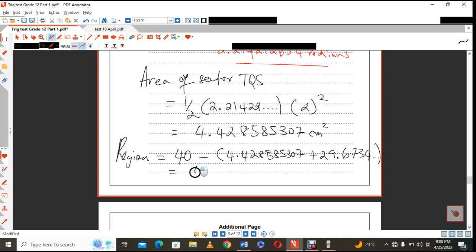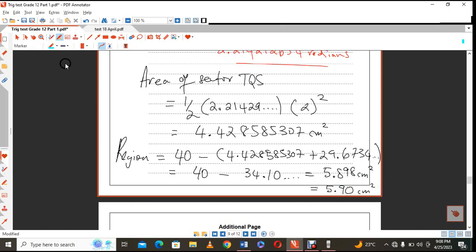Well, that gives you 40 minus the sum of all of this, which is 34.10 and so on, and I'm going to get an answer of 5.898 centimeters squared, and to three significant figures is 5.90 centimeters squared.